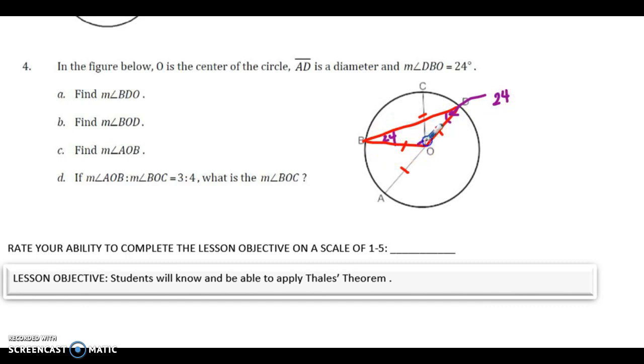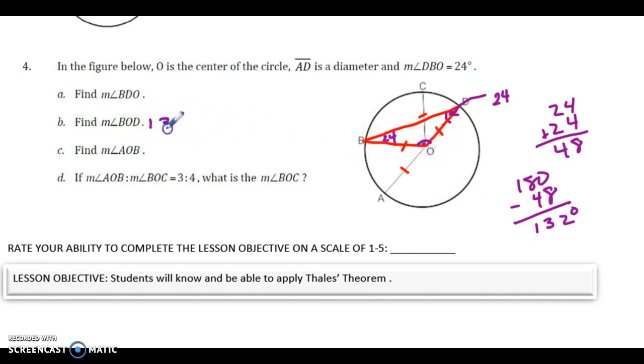And we can find this missing angle by saying 24 plus 24 is 48, and 180 minus 48 is 132. So that would be the measure of this angle here, 132.